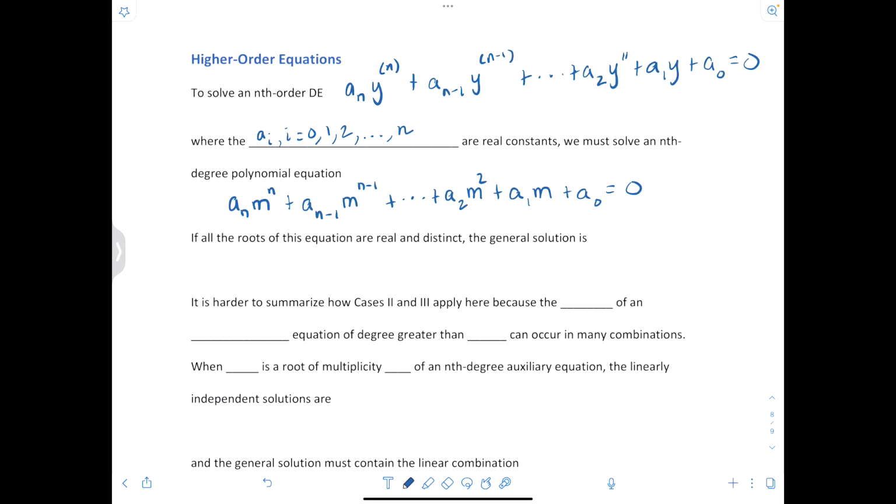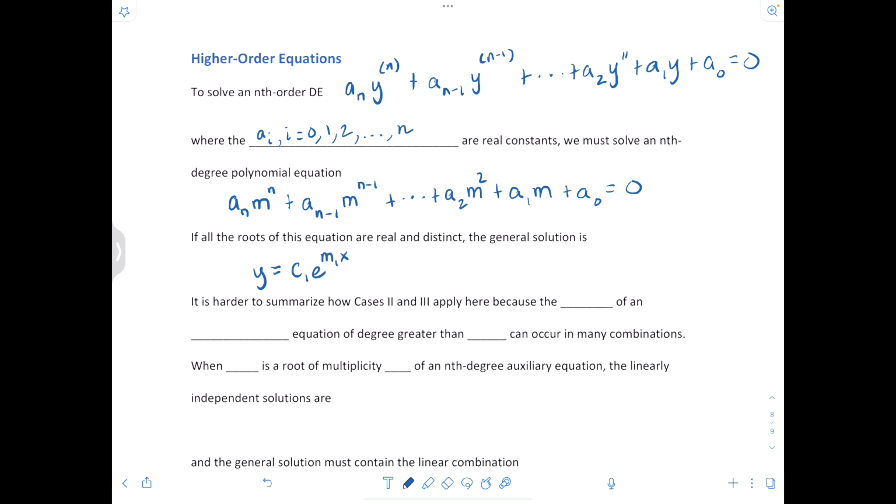If all the roots of this equation are real and distinct, the solution will be y equals c1 e to the m1 x plus c2 times e to the m2 x, all the way down until you get to cn times e to the m sub n x.